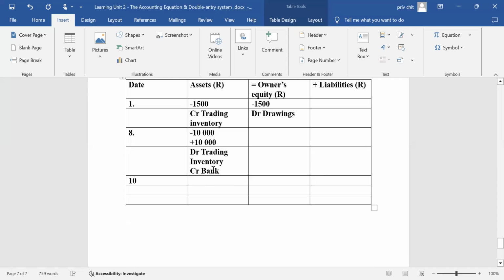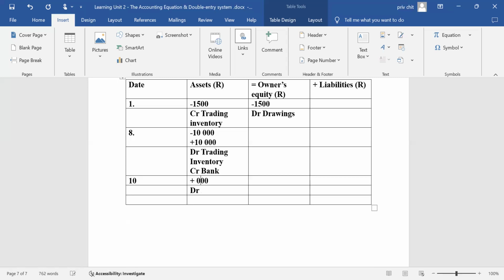We are buying office equipment. What's happening to the office equipment? We know it's assets, but is it increasing or decreasing there? It's increasing, right? That's why we're going to have a plus. Plus 10,000, right? No, 5,200. Oh, sorry. Thank you.